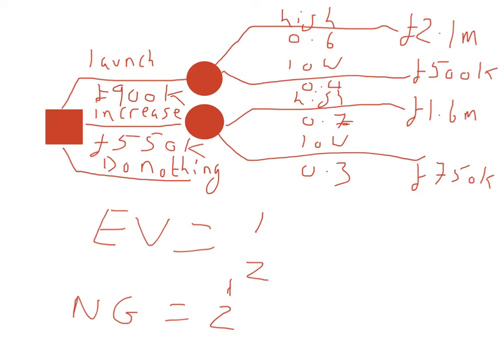Just remember the formula for the expected values, 0.6 times 2.1, etc. And to get the net gain, all you do is subtract the cost from your expected value. Remember that your expected value should be clearly marked above the circle.